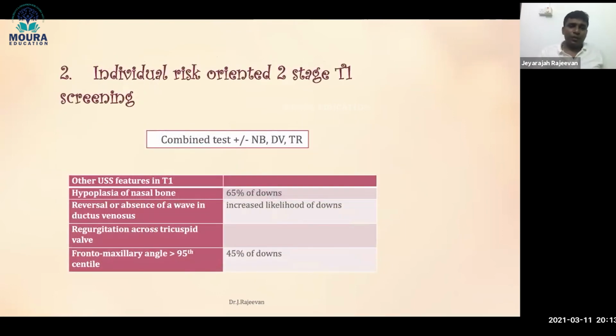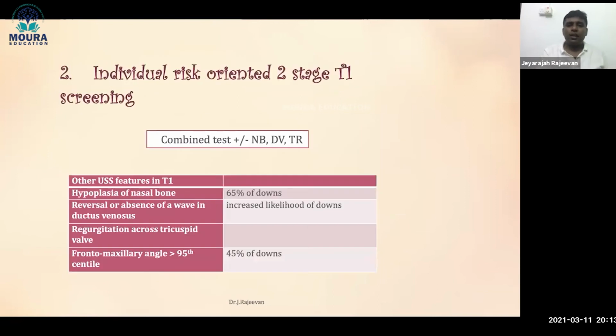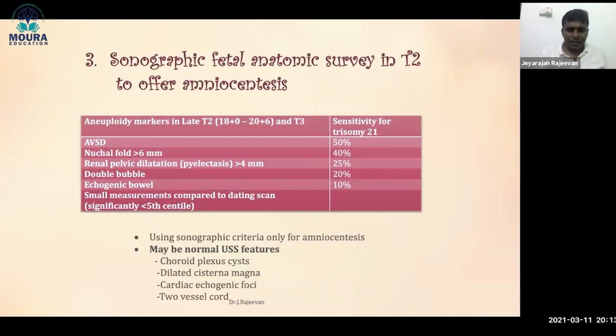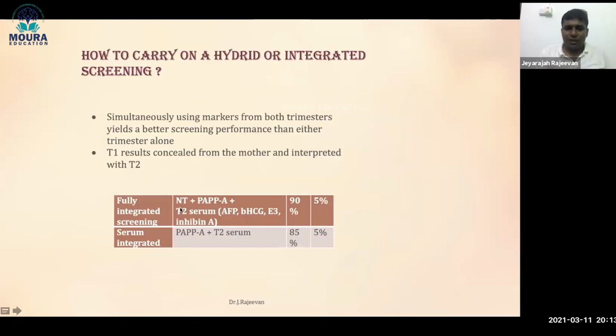Right, now I'm going to teach you the individual sensitivity of identifying the nuchal translucency. What is nuchal translucency? We are measuring the thickness of the skin from the spine to the skin at the back of the neck. That is called nuchal translucency.